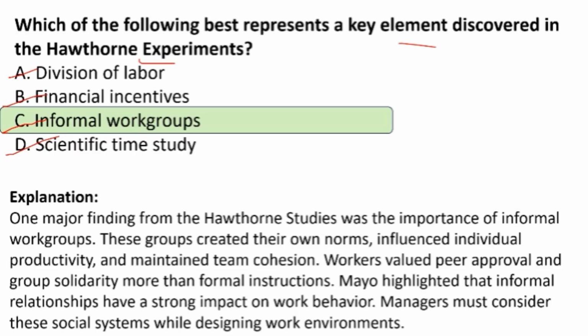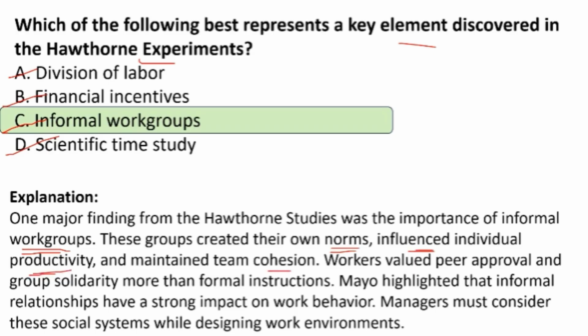See, one major finding from the Hawthorne studies was the importance of informal work groups. Who are those informal work groups? Your peers, your group solidarities, right? These groups created their own norms, influenced individual productivity, and maintained team cohesion.